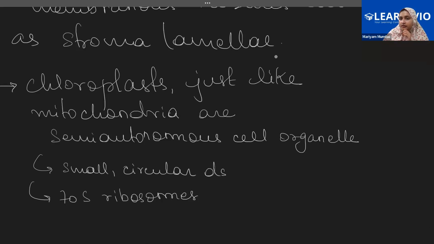Larger and smaller. 70S is the prokaryotic ribosome, right? And 80S is the eukaryotic ribosome. Now, 70S and 80S, both of them are made up of two subunits. One is the larger subunit and one is the smaller subunit.